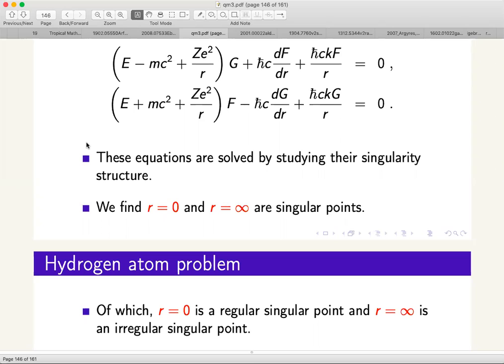We will study the Frobenius theorem as well as the Frobenius solution in the neighborhood of a regular singular point. The interesting thing about the Frobenius theorem is about what kind of solution you get. Remember, you are solving a differential equation, and when you say df by dr or dg by dr, that means g at r plus delta r minus g at r divided by delta r, in the limit delta r going to zero.